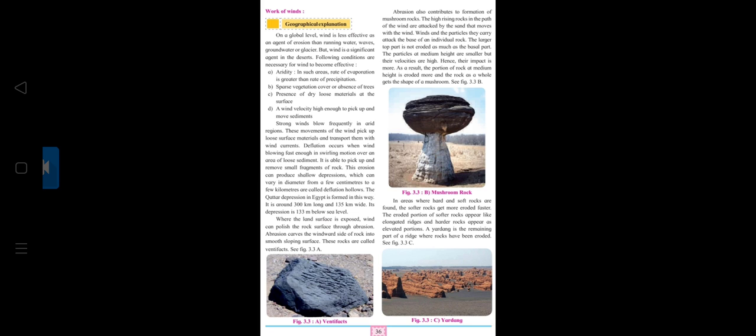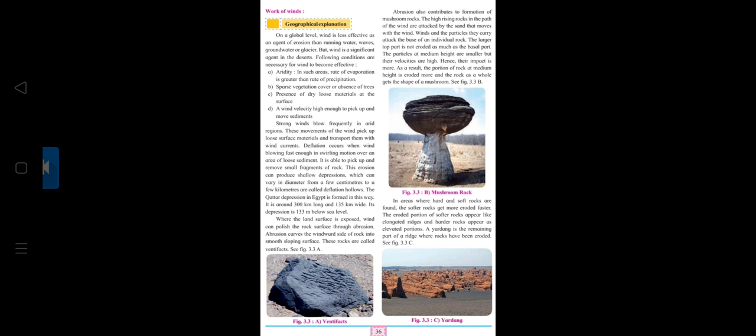Elongated means they become long and thin. Elevated means it is at a higher portion, placed higher.